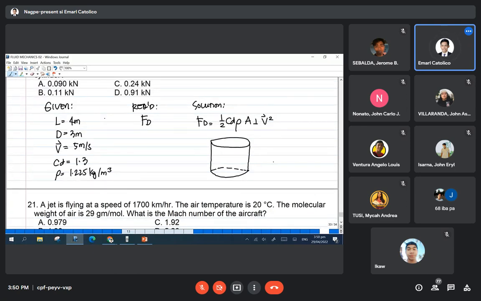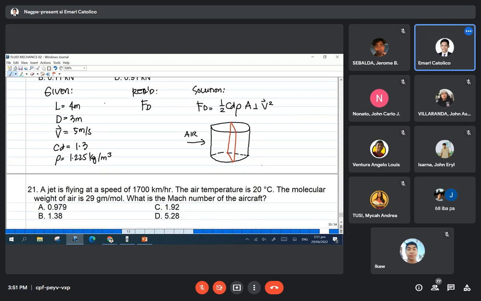So yung flow ng air natin, papunta dito. Okay. So ang ating projected area perpendicular dun sa flow ng air ay ito. Okay, so rectangle.